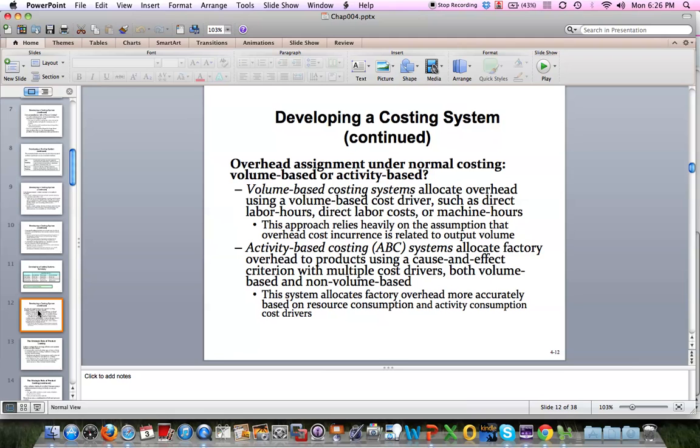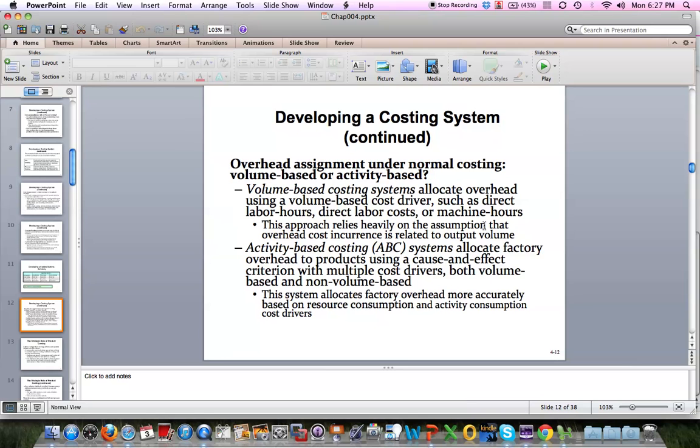So volume-based costing systems, we're going to allocate overhead using a volume-based cost driver, something that changes in volume based on what we are making or what services we're delivering. The examples they give here: direct labor in terms of hours, direct labor in terms of the total cost of that labor, or machine hours.